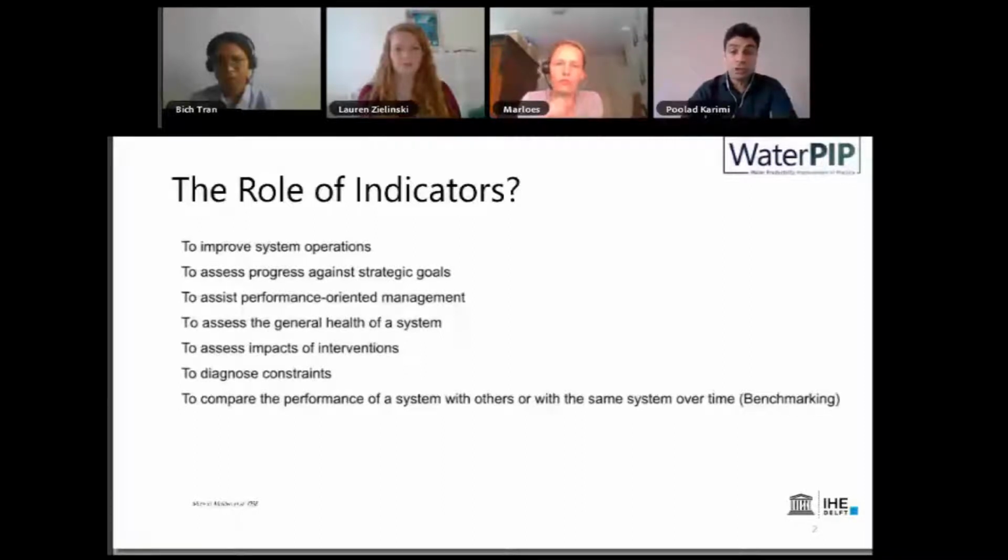It can also be used for other purposes, especially what we call benchmarking. Benchmarking is a practice through which we compare a system with other systems. Imagine you have 10 irrigation schemes. You want to know where your irrigation scheme A stands in comparison with the other 9, or how irrigation system A compares with its own performance over the years. That is a practice in irrigation management we call benchmarking.